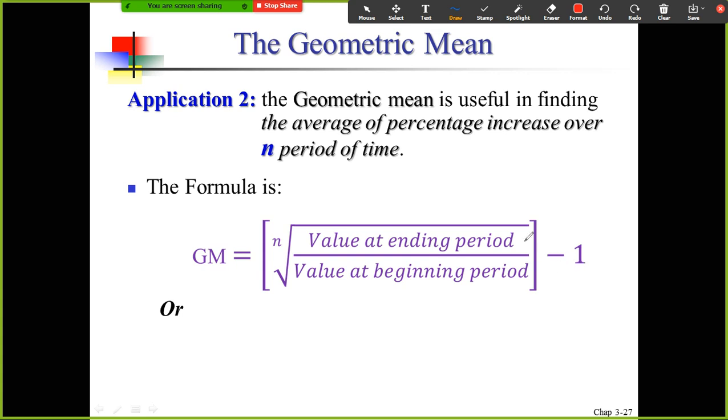Minus 1 is not inside the root. Outside the root. So inside the root, only the ending value divided by the beginning value, and take the root. Minus 1 is not inside.